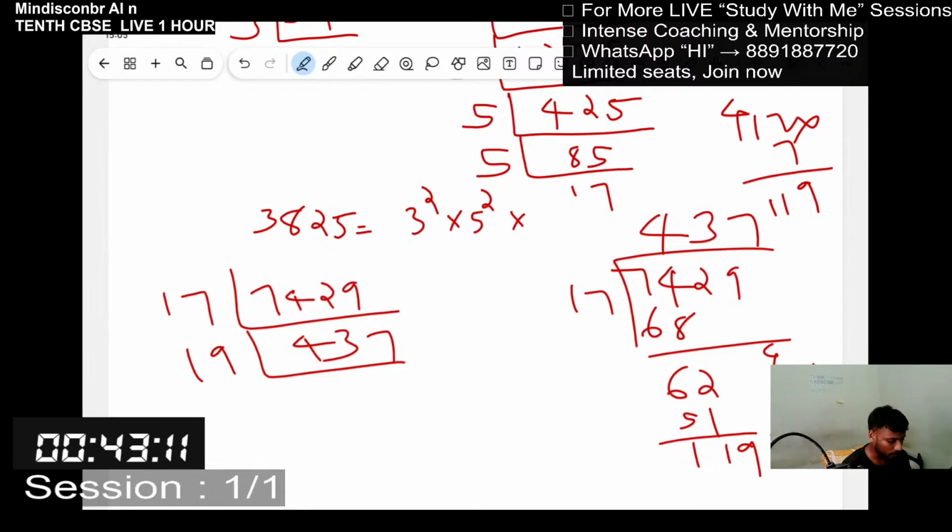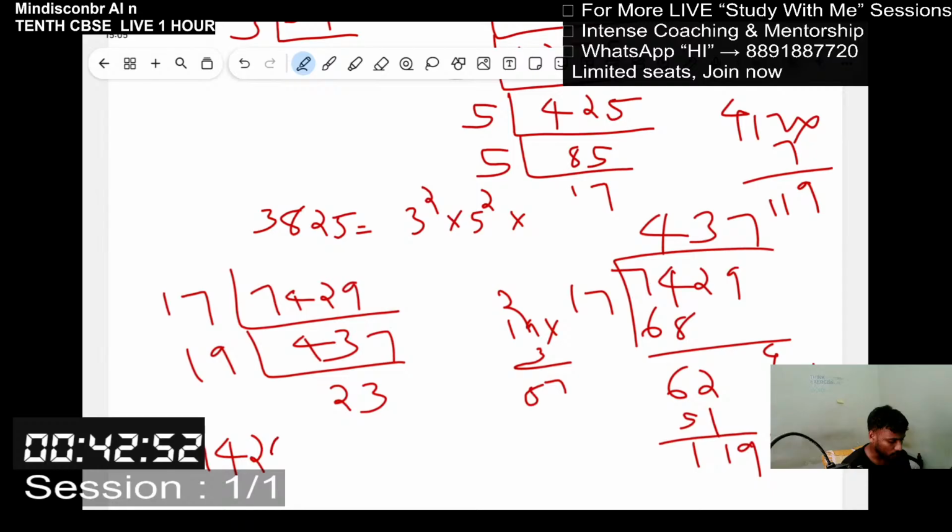So now we can try 19. 19 into 2 is 38, 57. 19 into 3, 57. So 3, 23. Therefore 7429 is equal to 17 into 19 into 23.